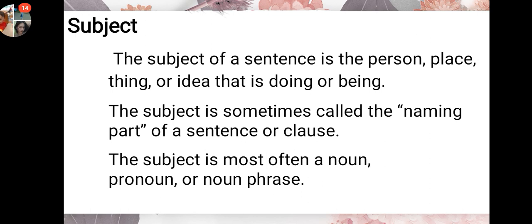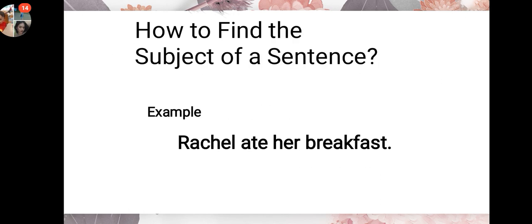It's easier to find the subject of a sentence if you first find the verb. Remember, a verb is any word used to describe an action, a state, or an occurrence. Ask yourself who or what does the verb in this sentence. The answer to that question is the subject.